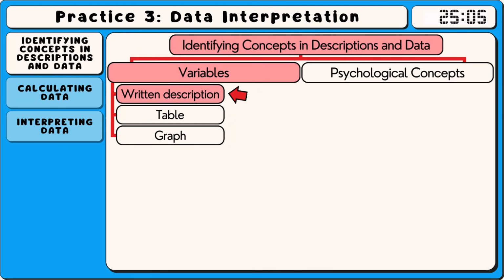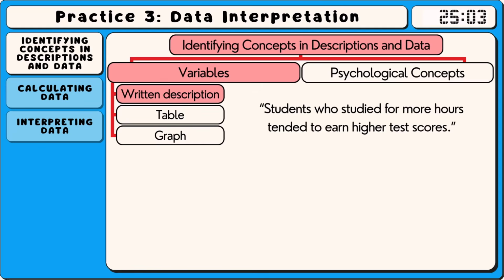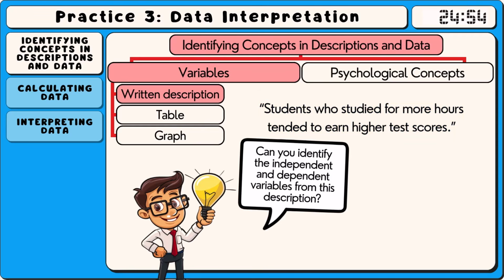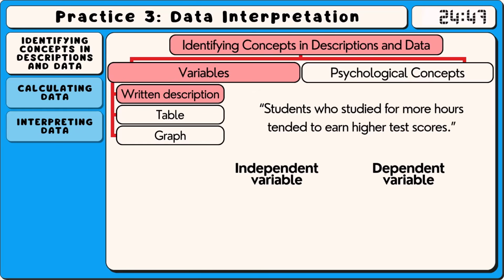Let's start by looking at written descriptions. Imagine you get a written description of a study's results, which reads, "Students who studied for more hours tended to earn higher test scores." For AP Psychology, you'll need to be able to identify the independent and dependent variables from this description. So let's do this together.